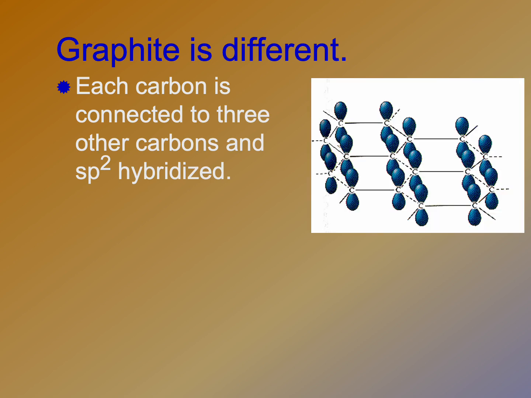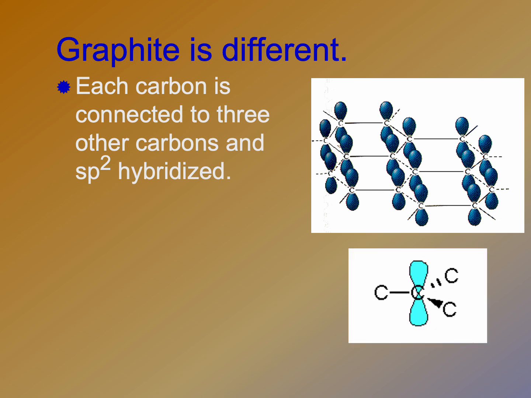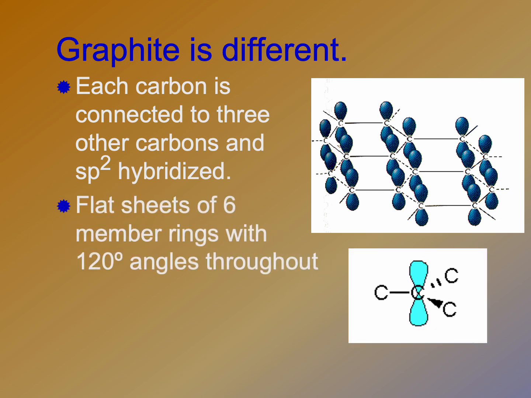So they are sp2 hybridized. Because of that, it creates those flat sheets of 6 rings, like hexagons, with 120-degree angles throughout. So you have these individual layers of carbon overall.